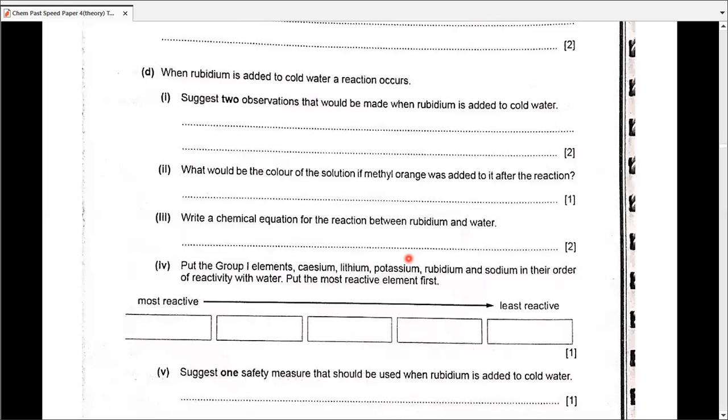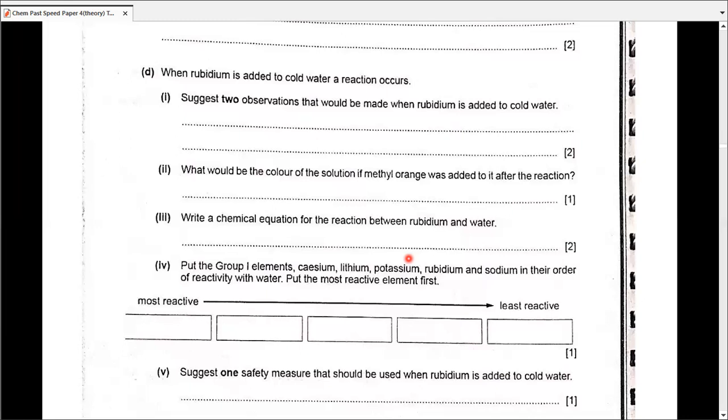You can only see the bubbles of a gas. So bubbles of gas, rubidium is entered in the water, so it's a violent reaction, bubbling, rubidium catching fire, rubidium forming a ball and moving, floating on top of the layer of water.